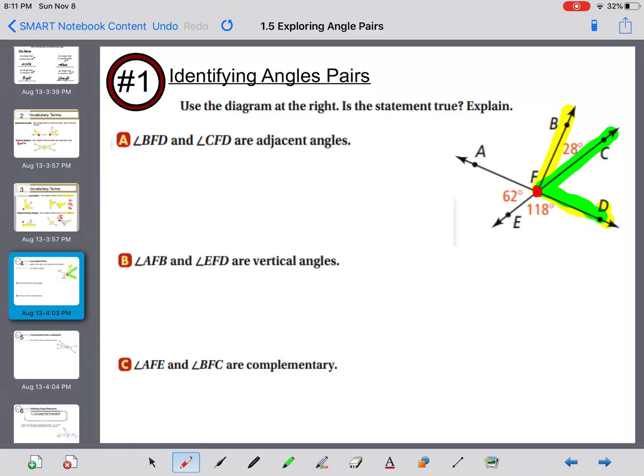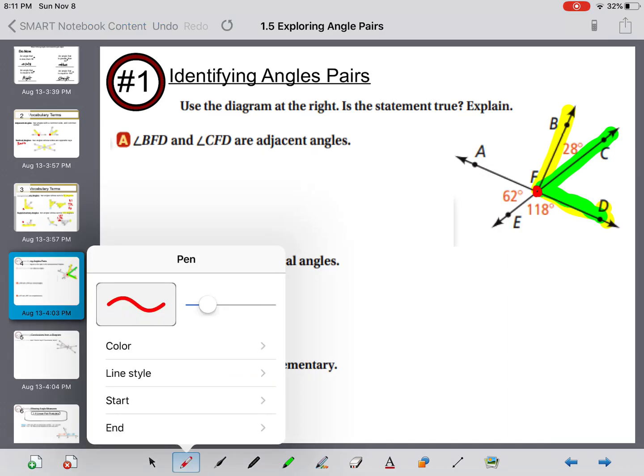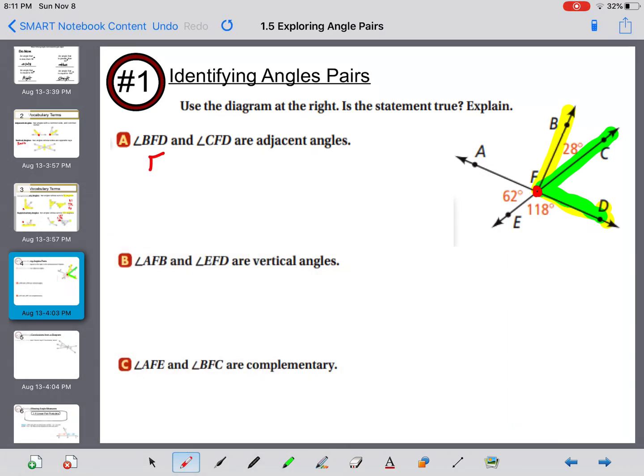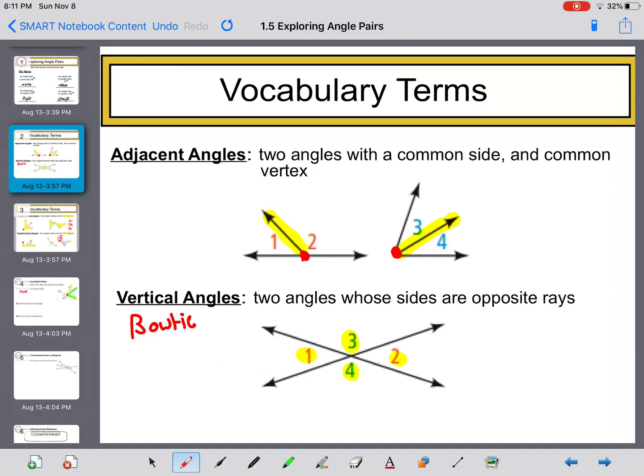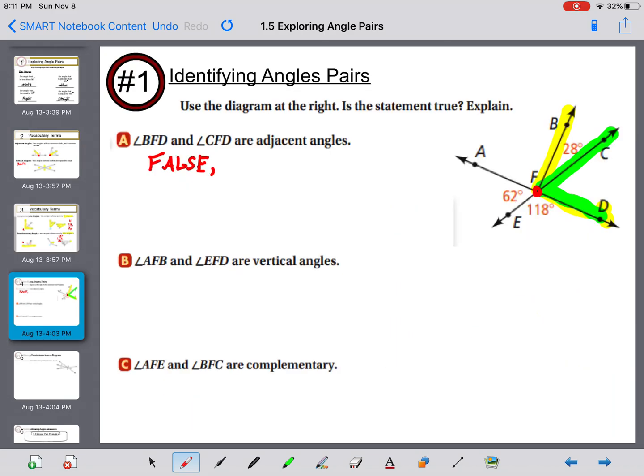Okay? So BFD and CFD are not adjacent angles. This is false. And here's your definition for adjacent. Two angles with a common side and a common vertex. They do not share any points. Unfortunately, these ones have shared points here.